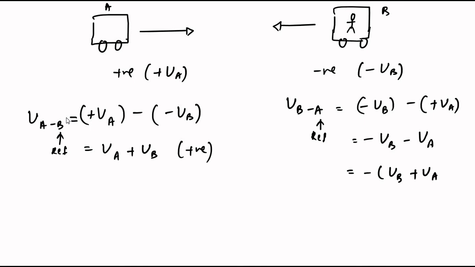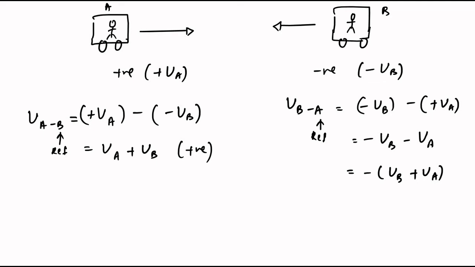So here regardless of the magnitude, to someone sitting inside vehicle A, it will appear as if vehicle B is moving towards left with a velocity of VB plus VA. So this is the thing.